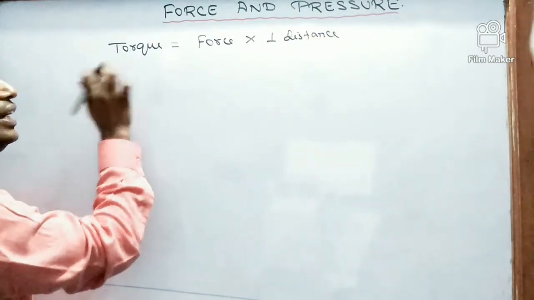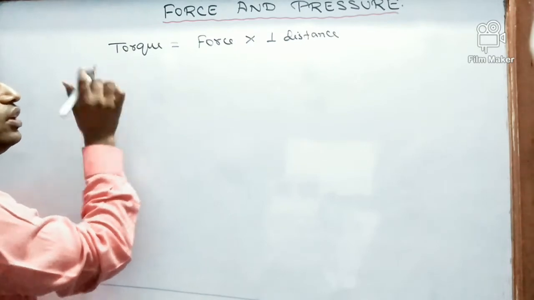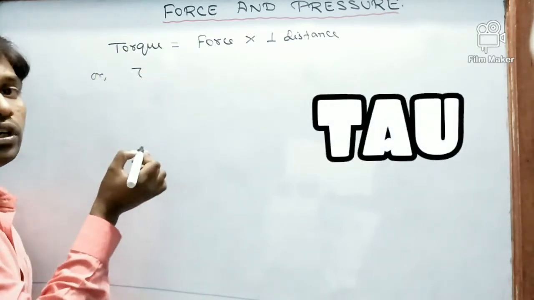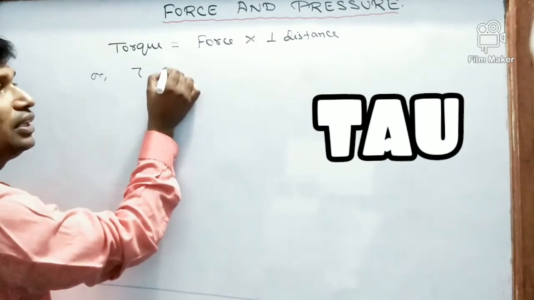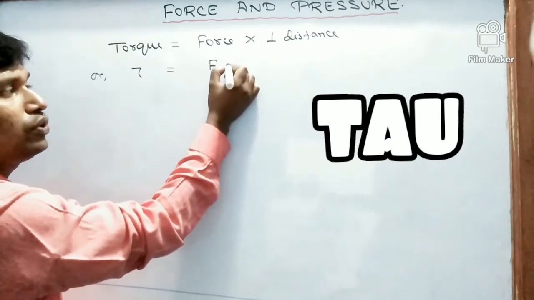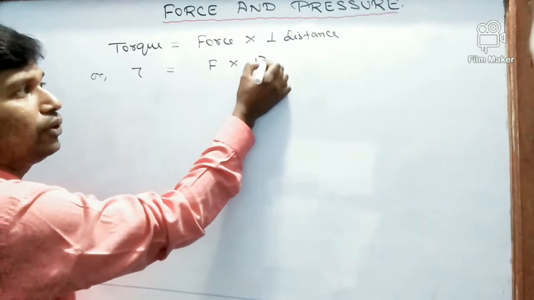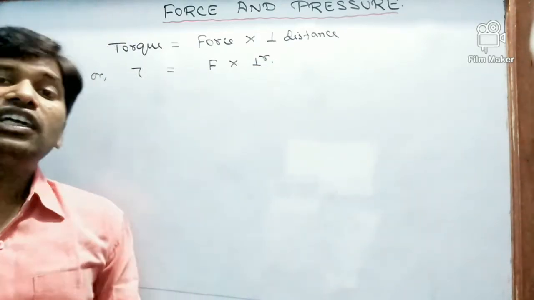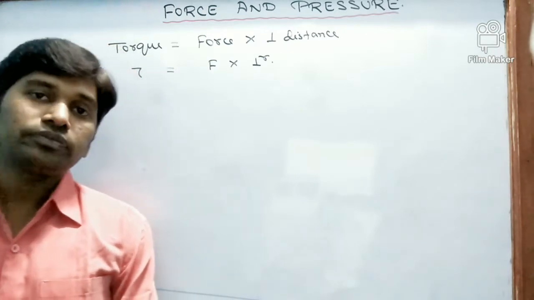We can denote this torque by the Greek letter tau. Tau is equal to force into perpendicular distance. So this is the mathematical form of torque.